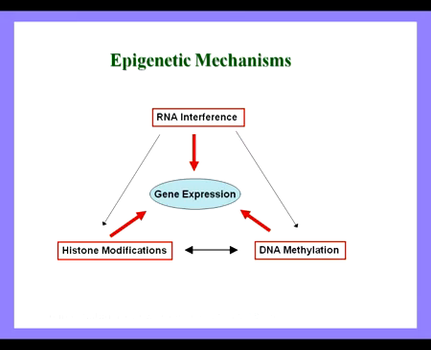Since they interfere in the functioning of the genetic machinery, they are called RNA interference. They interact with histone modification and with DNA methylation, but the major interaction takes place between histone modification and DNA methylation. All these three major activities of the cell have an effect on gene expression.